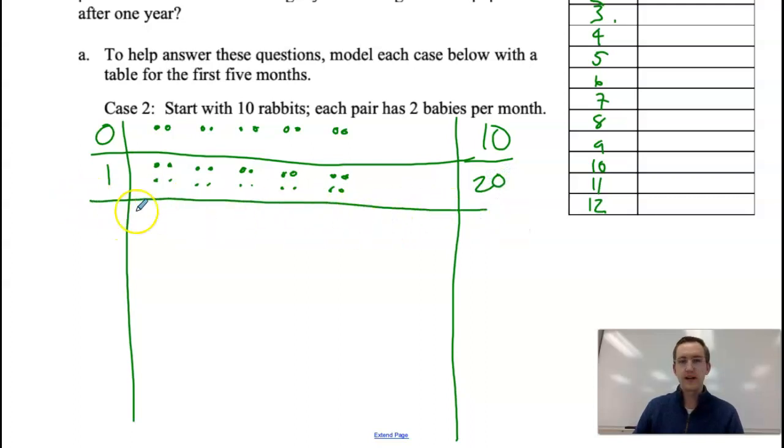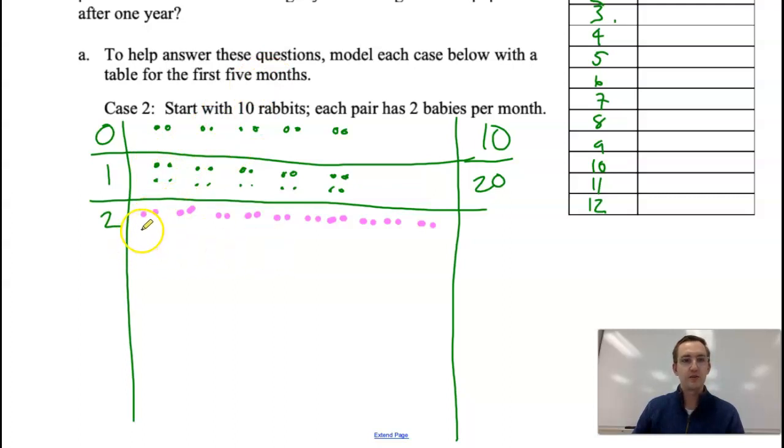Let's do this one more time, and see if we find a pattern at all. Now we've got 20 rabbits in total. I'm going to see if I can make this go a little bit quicker. Let's pick a highlighter. So we've got 1, 2, 3, up to 20. Those are 20 previous rabbits that were born or already were alive in month number 1.